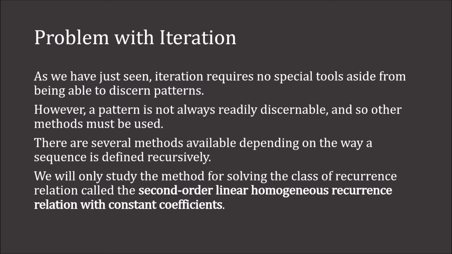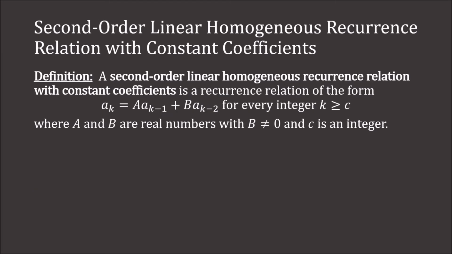The definition for it is a recurrence relation of the form a sub k is equal to capital A times a sub k minus 1, plus capital B times a sub k minus 2, for every integer k greater than or equal to some constant c. A and B are real numbers, with B not being equal to 0. And c is an integer.